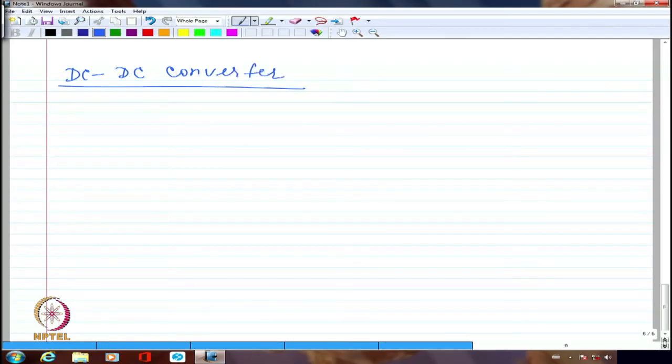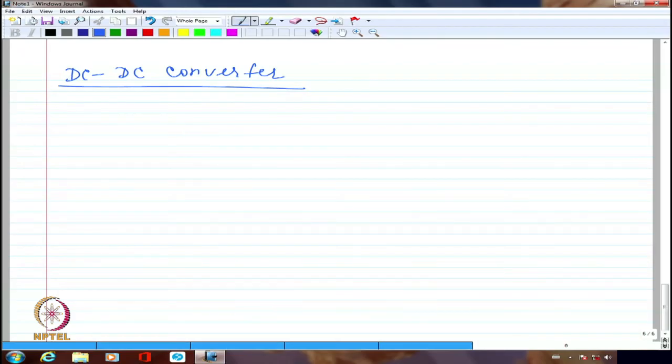So DC to DC converter is something similar to what we had seen as AC voltage controller. We are going to chop off some portion of the voltage. We'll not apply the voltage for some time, and we'll apply the voltage for some portion of the time. So if I take a switching action with a frequency of 10 kilohertz, high frequency, really high frequency.